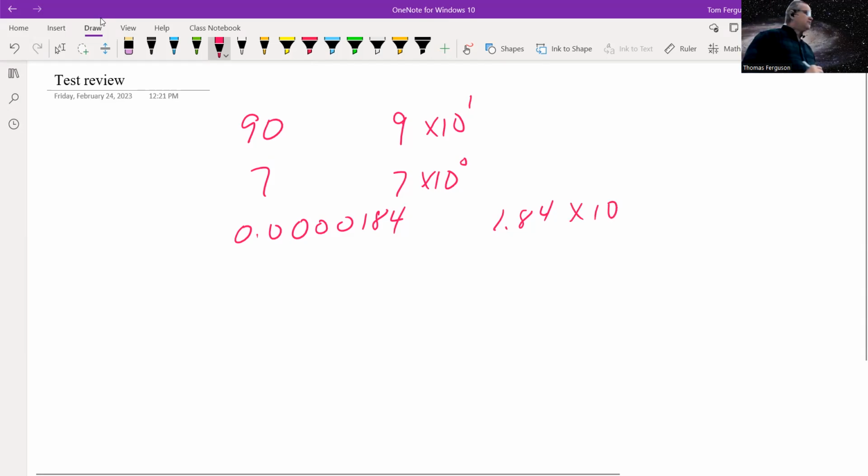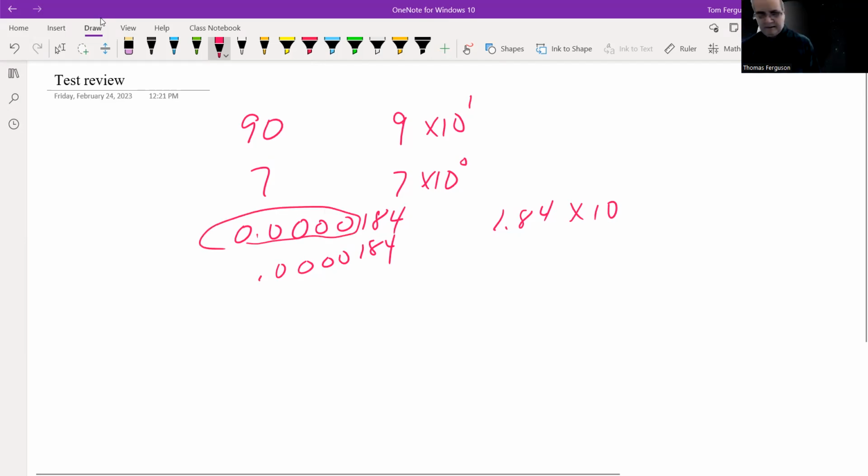All right, now let me show you a shortcut if there's a number that's less than 1. Count the zeros, and if it doesn't have a 0 point, add 1. So count the zeros. That's 5, right?